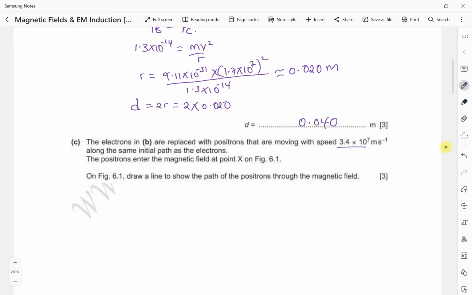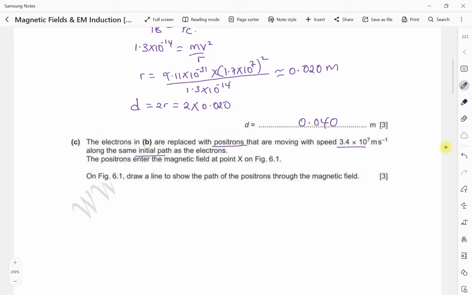The electrons in B are replaced with positrons that are moving with a speed of 3.4 times 10 to the power of 7 meters per second along the same initial path as the electrons. The positrons enter the magnetic field at point X. Now positrons are positively charged. That means they are going to be deflected in the opposite direction to that of the electrons. So if the electrons are deflected downwards, the positrons are going to be deflected upwards.